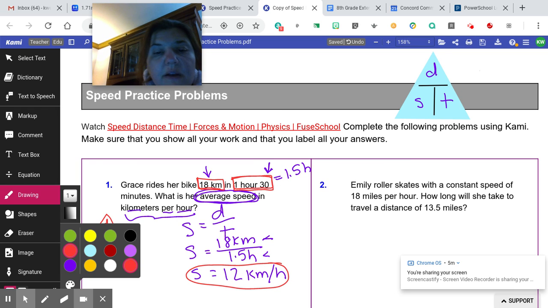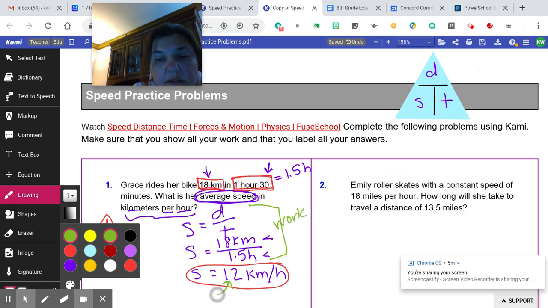Okay. Now you need 3 things for each of these problems. You need to, 1, show your work. Okay, so here is how we show our work. 2, you need to have your answer.